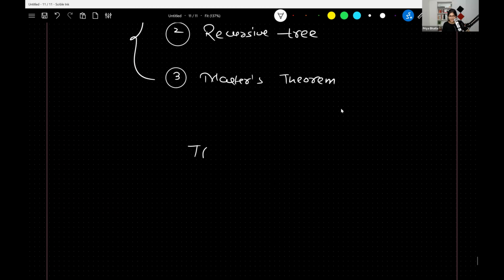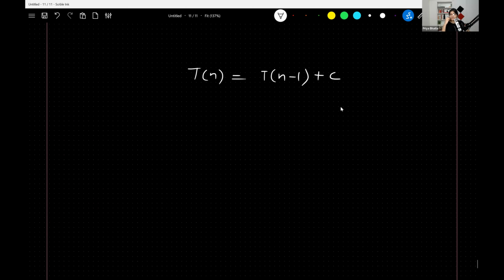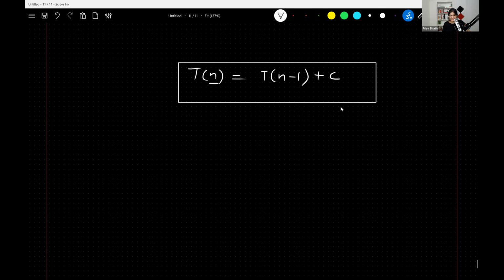So T of n is equal to T of n minus 1 plus C. Solve this case. When I'm saying substitution, substitute the equation of T of n minus 1. This is the standard equation, right? Just replace n with n minus 1 everywhere. So what value will you get for T of n minus 1? T of n minus 2 plus C. Very good.